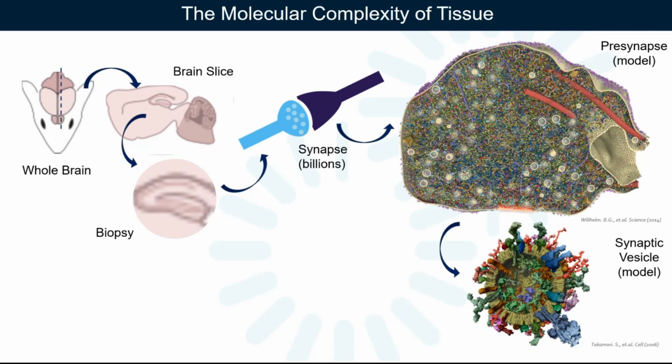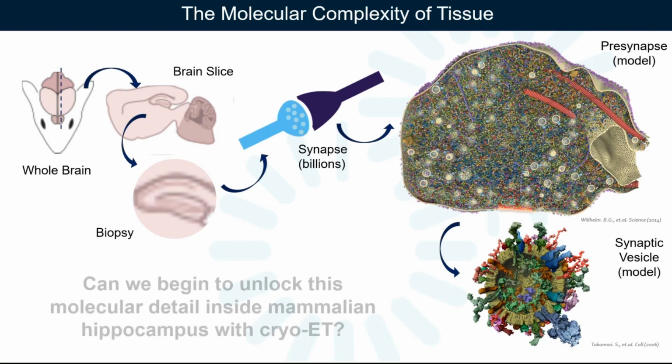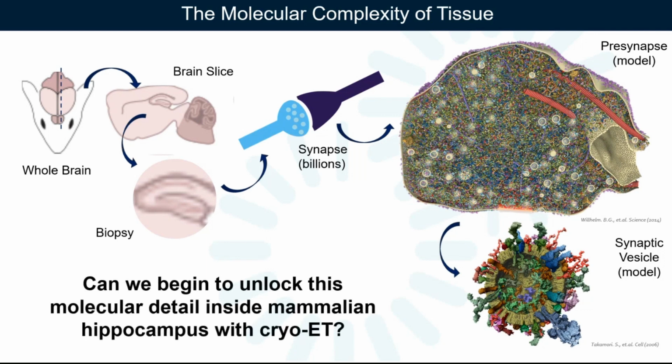And then even within these synapses, you can locate down to a synaptic vesicle. And again, the molecular detail here is really quite intense and quite deep. So can we begin to unlock this molecular detail instead of in single cells? Can we take brain tissue and unlock this molecular detail?